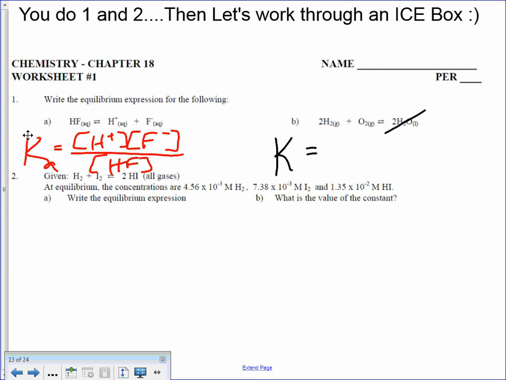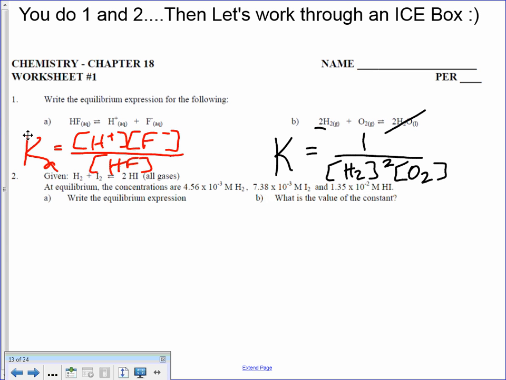So if I have no products, what do I put in the numerator? A 1. It's just a placeholder. So the 1 is there over the concentration of hydrogen gas squared. Good, because that 2 there is now an exponent, times O2 to the first power, right?